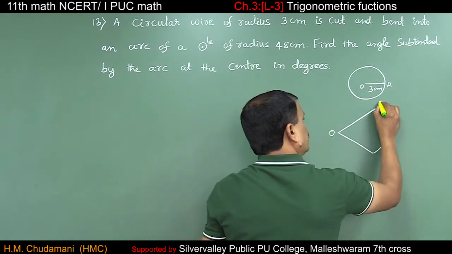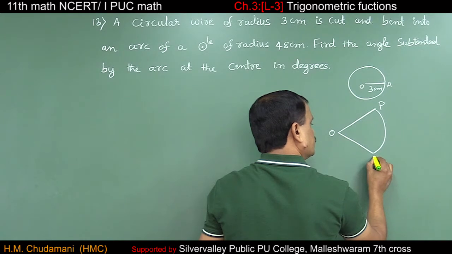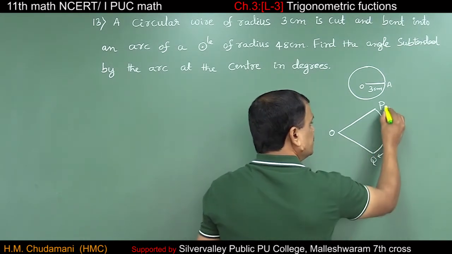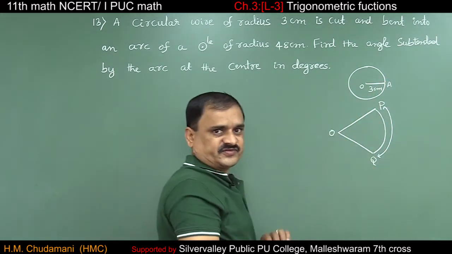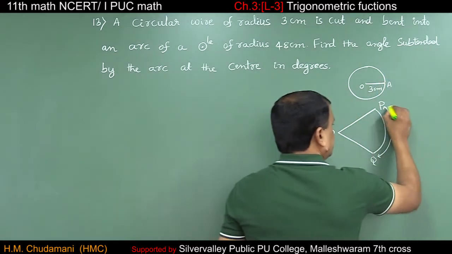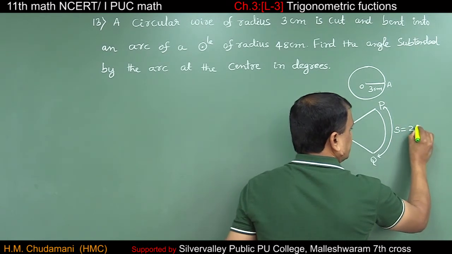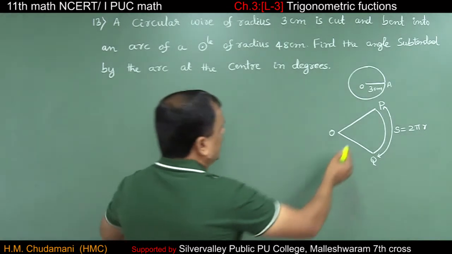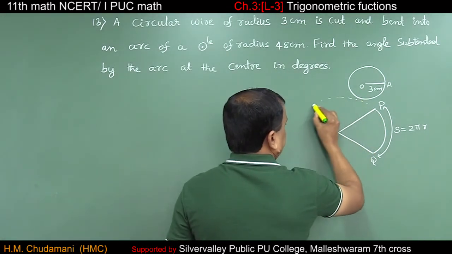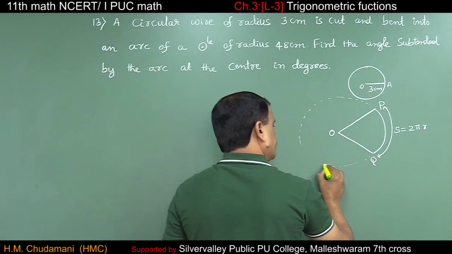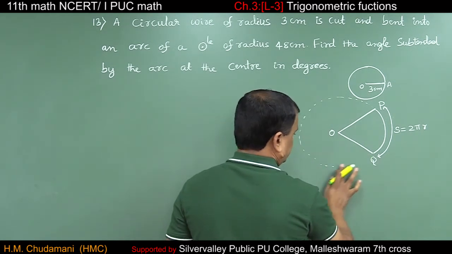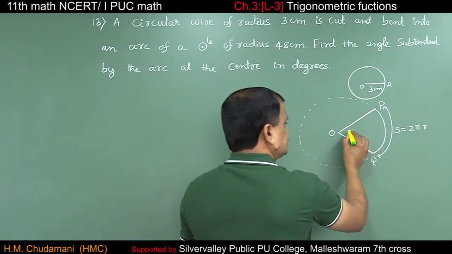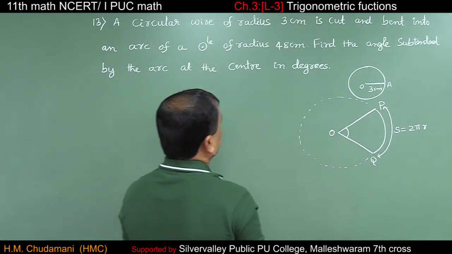See, O, P, Q. PQ was earlier the circumference, the circumference of the circle of radius 3 centimeter. And OPQ is the sector.